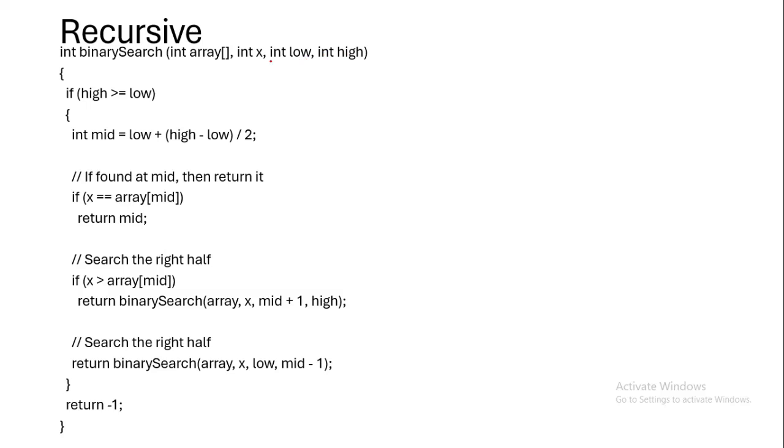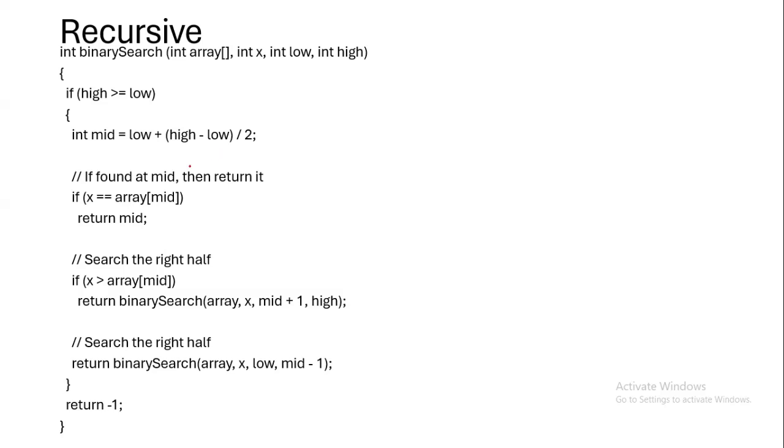First, we check if high is greater than or equal to low. This means checking whether there are any elements in the array or not. If yes, then we calculate the mid of the index using the formula low plus (high minus low) divided by 2.